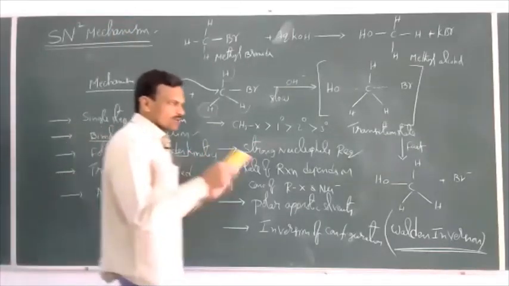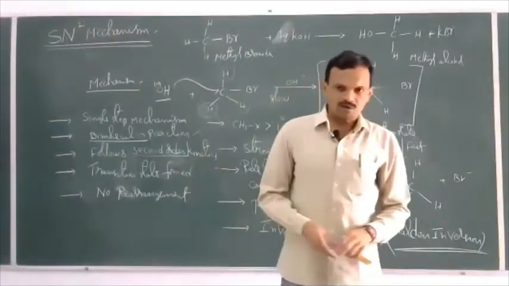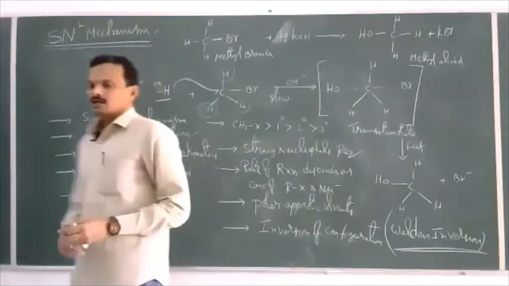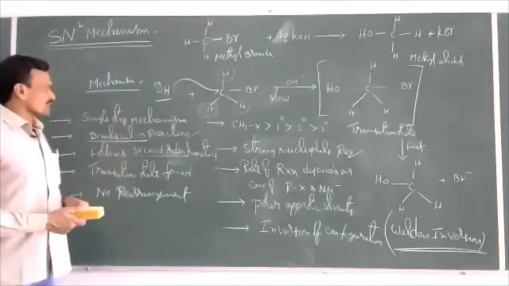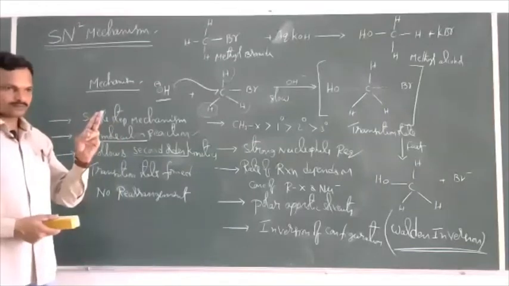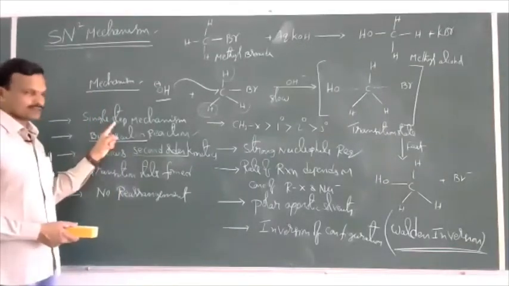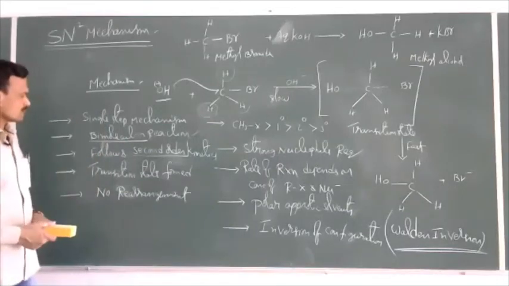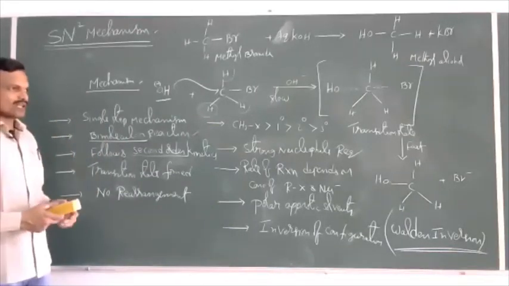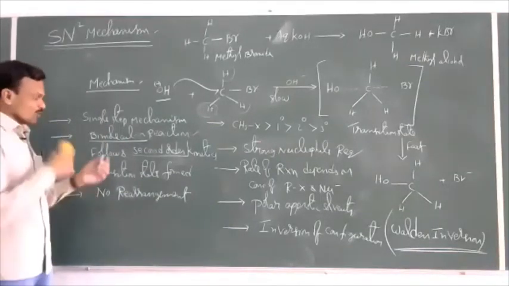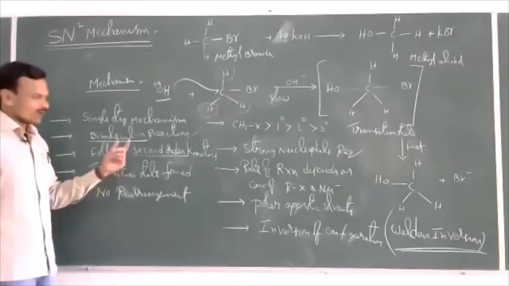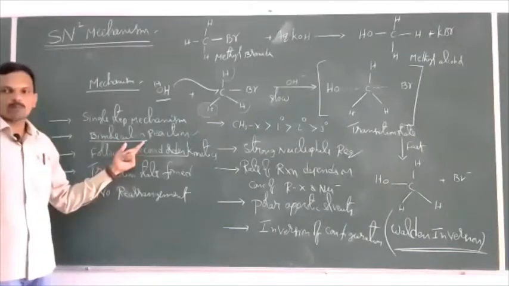Now let us compare SN1 and SN2, what we discussed yesterday. SN1 reaction takes place in two steps, whereas SN2 reaction takes place in a single step. Next, SN1 is a unimolecular reaction, whereas SN2 is a bimolecular reaction.